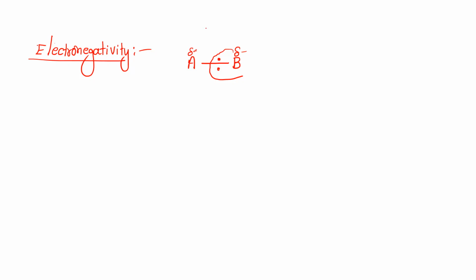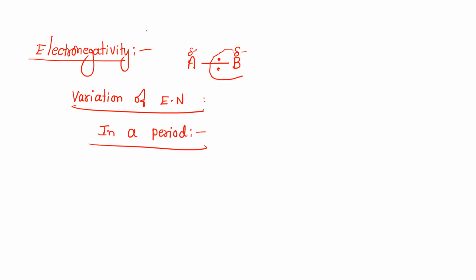Okay. Tendency of attracting a bond pair of electrons towards itself is electronegativity. Now, variation of electronegativity in a period. Tell me, students.